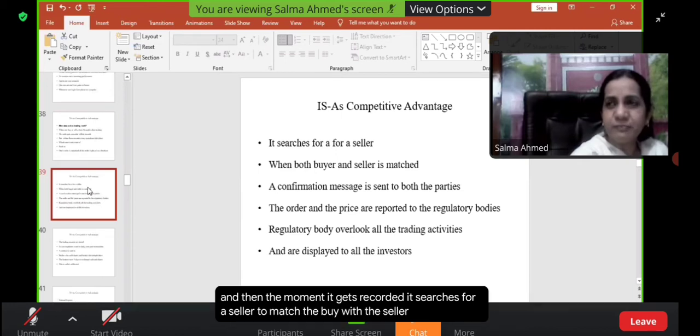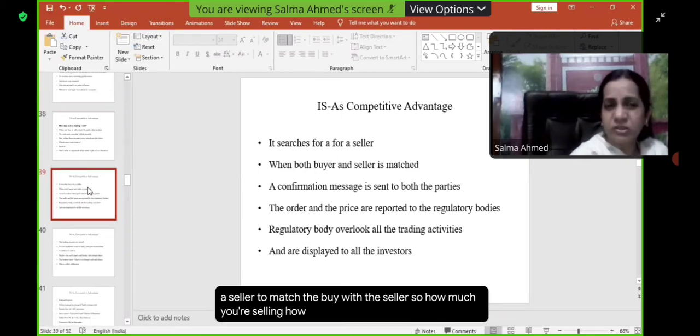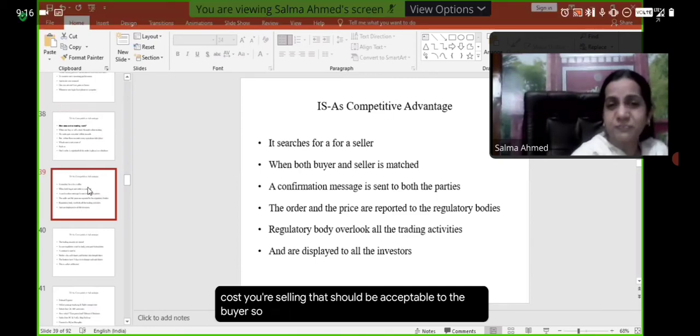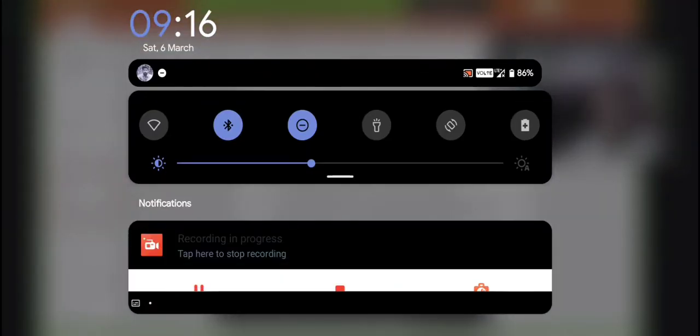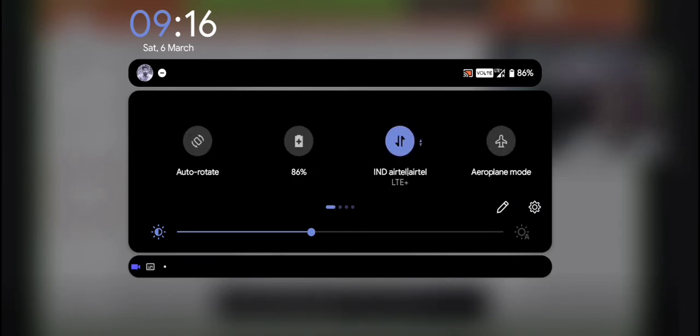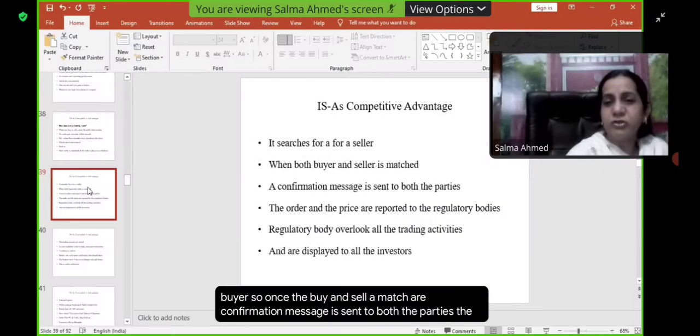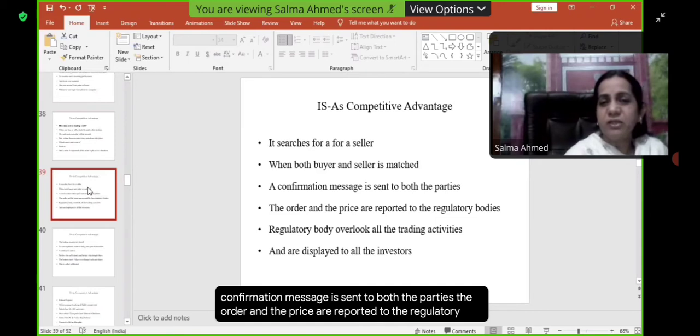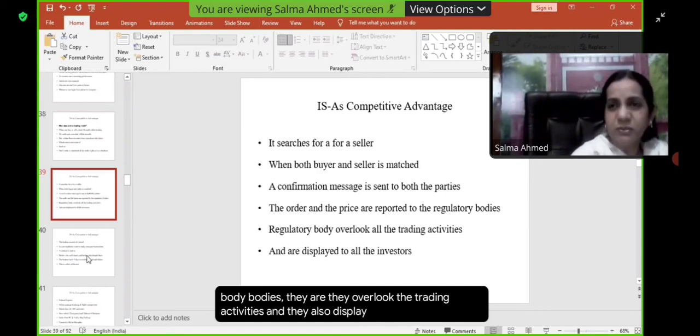How many shares you're selling and at what cost should be acceptable to the buyer. Once the buyer and seller match, a confirmation message is sent to both parties. The order and the price are reported to the regulatory bodies, who oversee the trading activities and also display them to the investors.